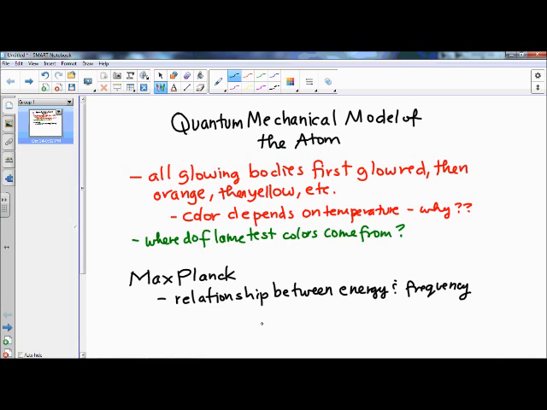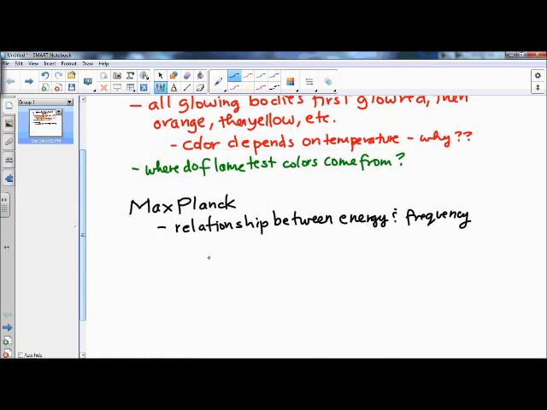Okay, so Planck was actually able to calculate a mathematical relationship between energy and frequency, and this is called the energy equation. The letter E here, of course, stands for energy. This is the amount of energy in a particular type of radiation.